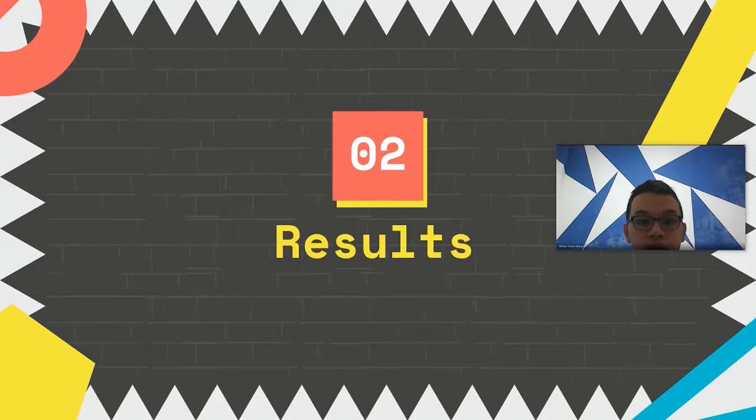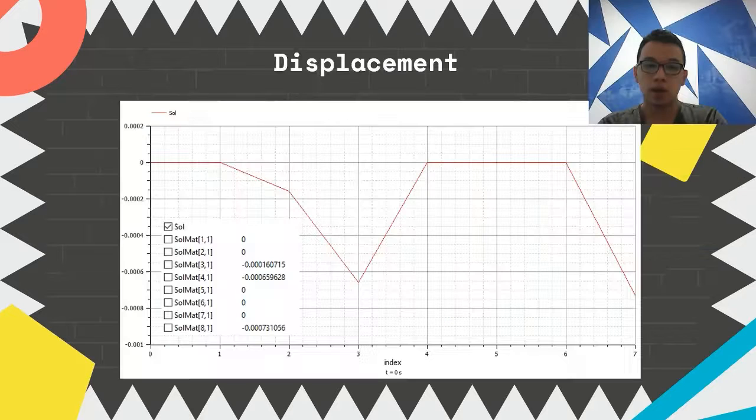And here are the results that we get. Here is the result for the displacement of the trusses. We can see from this picture above that when t equals 7 seconds, the trusses have the highest displacement.